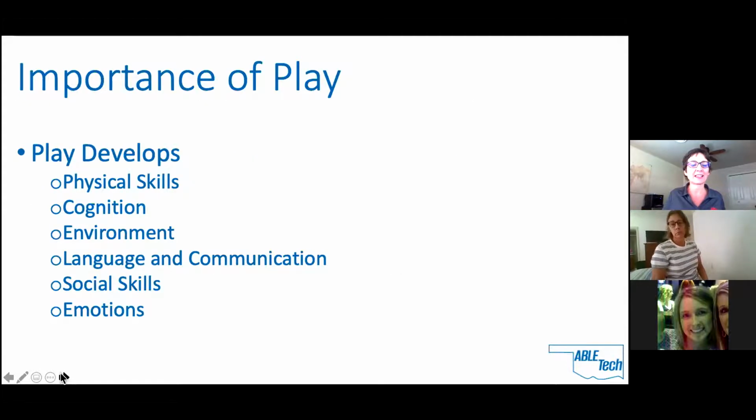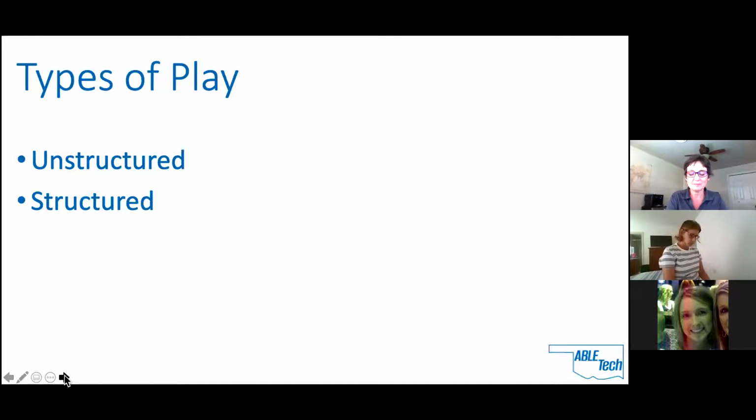And so like I said, the importance of play, physical skills, cognition, language, communication, environment, all the above. It's our building blocks, like I was saying. So there's two types of play. Unstructured play is free time, open-ended, no strategy. There's no organization to it. The kids play off each other or get things that they want and play without any direction.